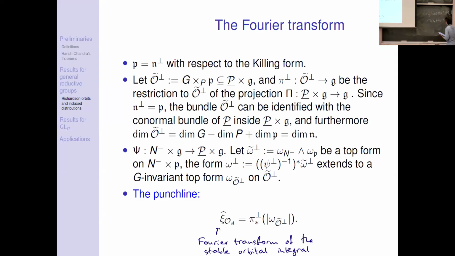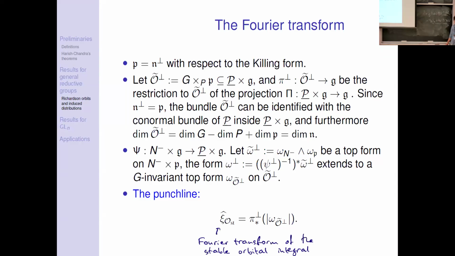What's written here? J is the corresponding embedding of n, and there is an embedding of p into these bundles. You start with this measure on n minus cross n, and then you push it to a measure on n minus cross g. And if you Fourier transform it, that's a calculation.